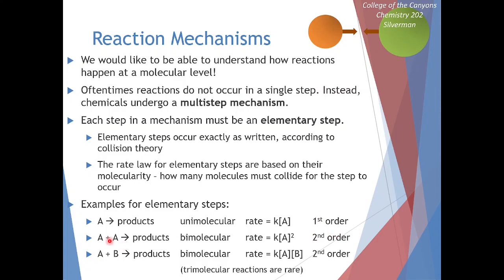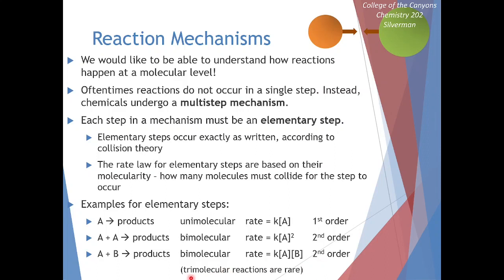Anytime we have two molecules colliding together, this is going to be a bimolecular reaction, and it is going to be overall second order. If we need two A molecules in the same place at the same time, we're going to have a second order reaction for A. If we need to have an A molecule and a B molecule in the same place at the same time, colliding together, we're going to have a second order reaction, first order for A, first order for B, overall second order.